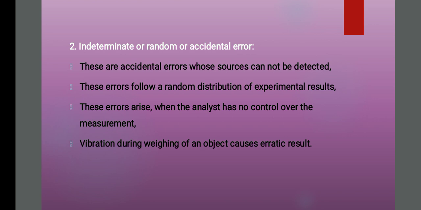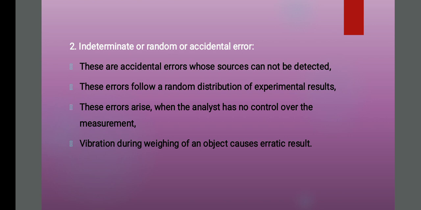So these errors are called indeterminate errors. I think you are clear with determinate and indeterminate errors. I'll repeat. Determinate errors are errors whose sources are determinable and can be minimized, and indeterminate errors are those whose sources cannot be detected or predicted, and they cannot be minimized very easily.